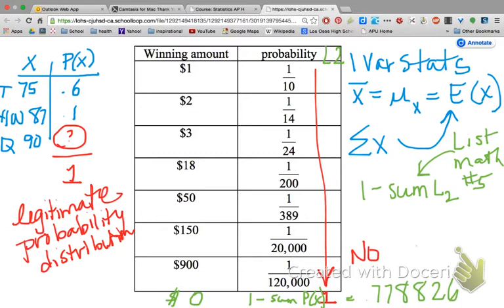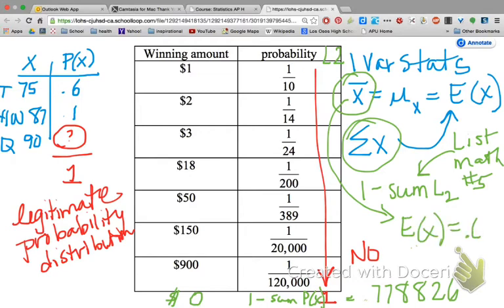And so now when I add that to the list, and I do one var stats, these two values are now equal. And I believe that the expected value turns out to be 67 cents.